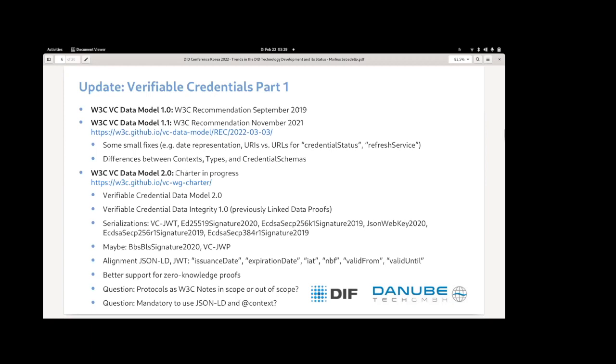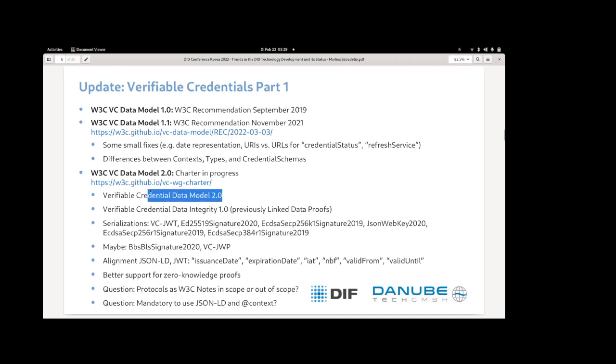So it defines the objectives and the scope and the content for a new working group, which will then produce verifiable credentials data model 2.0. And this can introduce also some new features and some breaking changes potentially. So this can have some bigger updates.